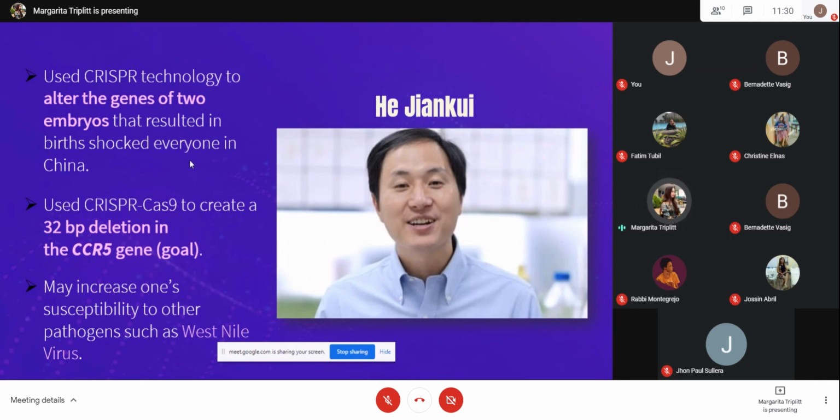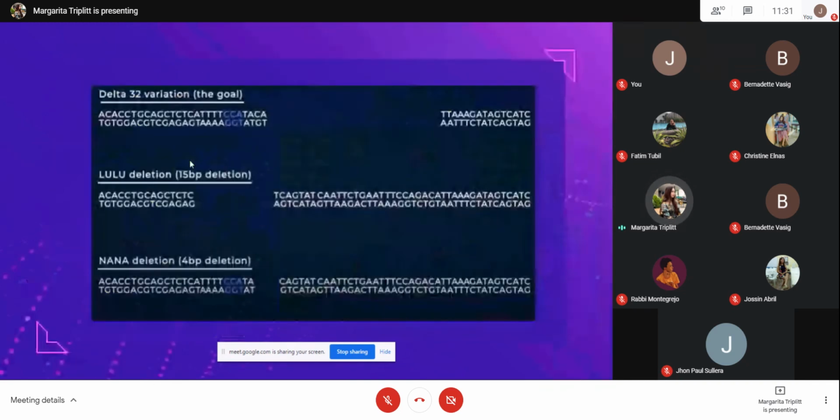The result was this one. His goal was a 32 base pair deletion in this specific gene, but what the twins acquired is very much different from the goal. Lulu and Nana, who are twins, developed a 15 base pair deletion and a 4 base pair deletion in Nana.